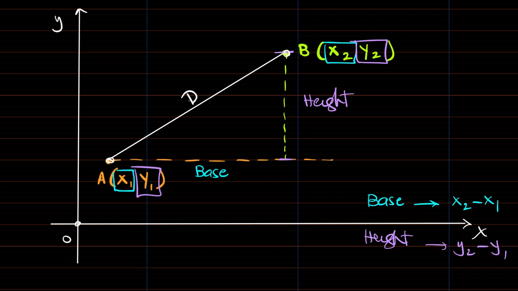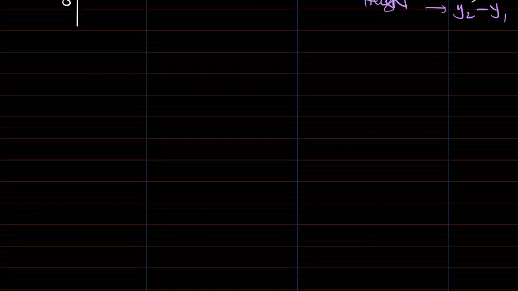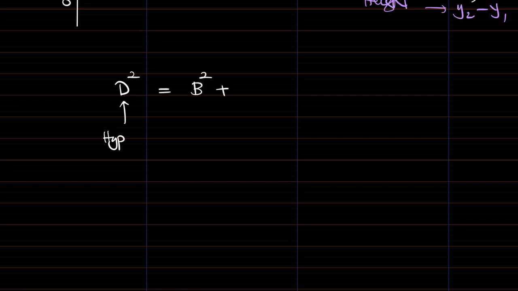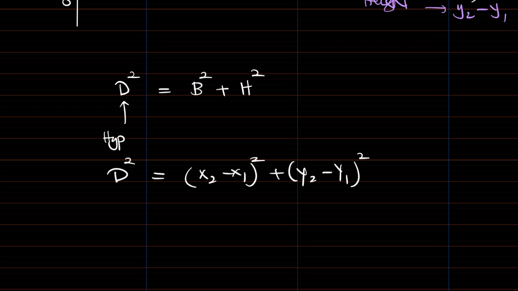So now how can they be related? I hope you got the idea. They are related using Pythagoras theorem. So let me write it down. I'll write d square, which is basically the hypotenuse. So d square equals base square plus height square. d square is equal to (x2 minus x1) whole square plus (y2 minus y1) whole square.